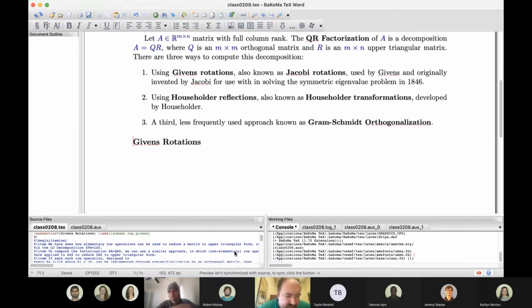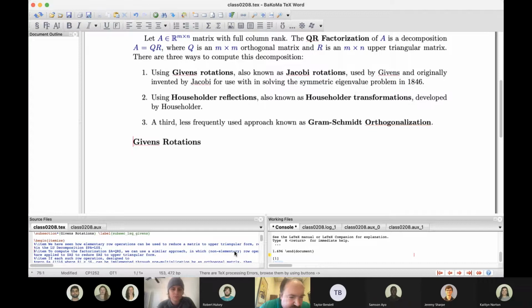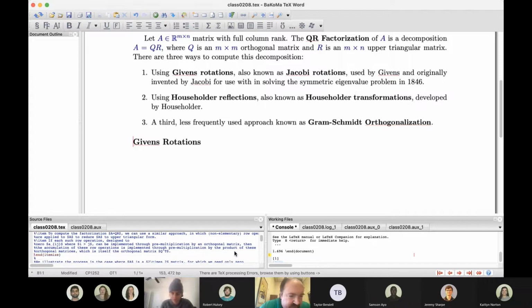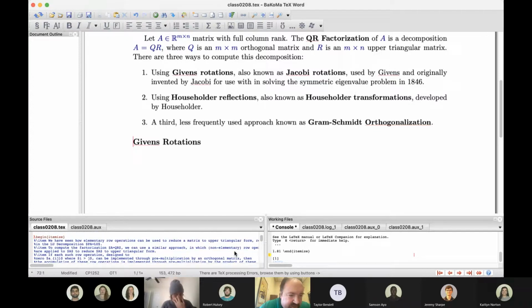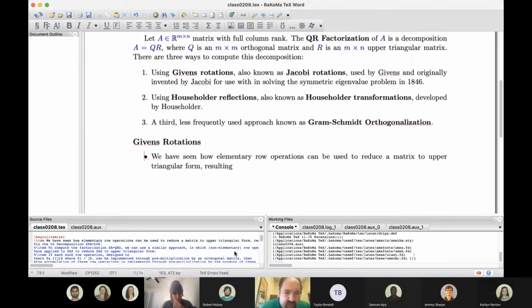What exactly is a Givens rotation? It's somewhat similar to the kind of row operation that you're now familiar with from Gaussian elimination, but you have to keep in mind orthogonality, and that's why Gaussian elimination style row operations by themselves are not helpful to us.